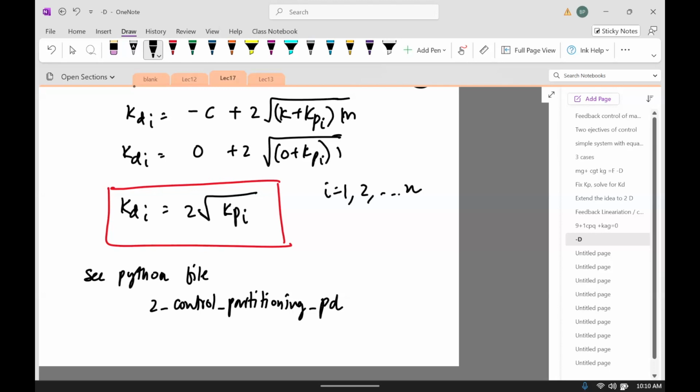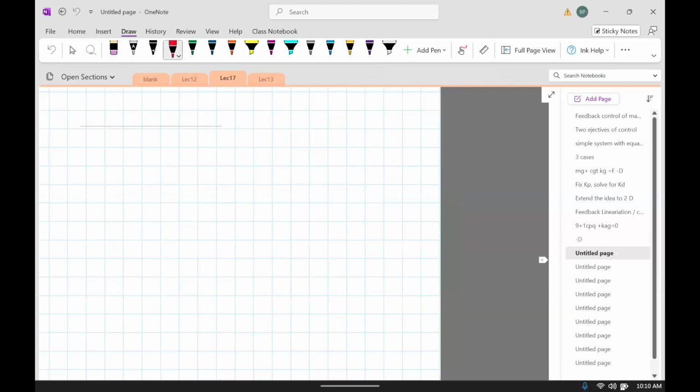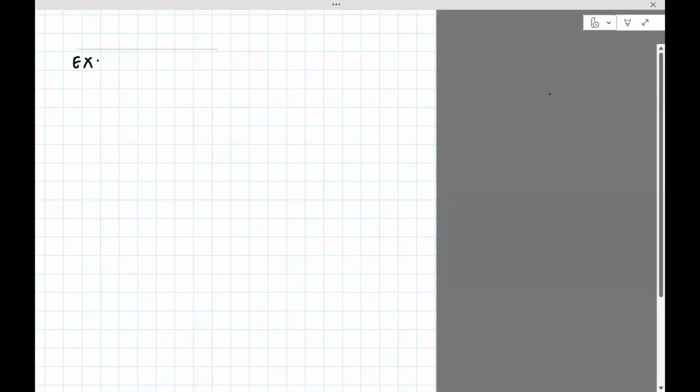Now let's look at an actual system, a physical example. The simplest one I can think of is a simple pendulum. This is another example, a one link pendulum.